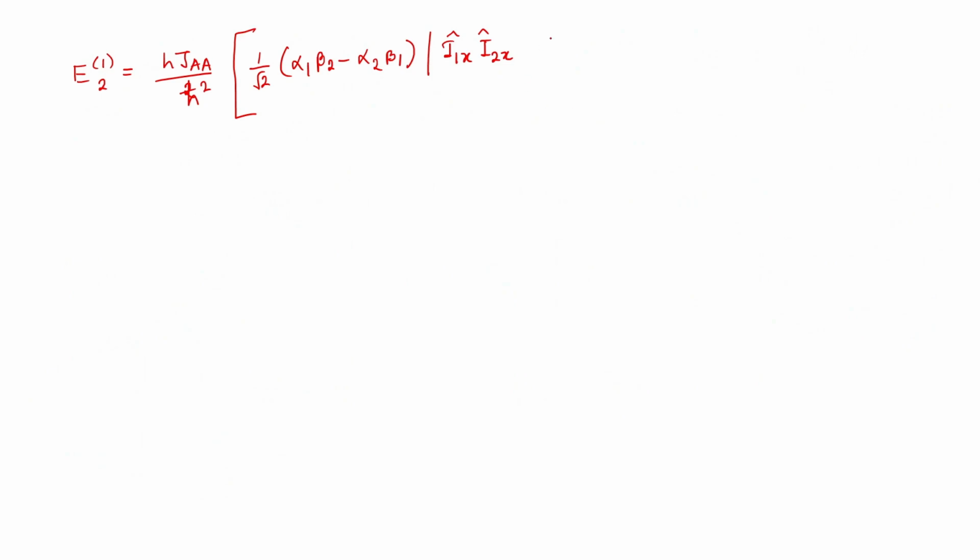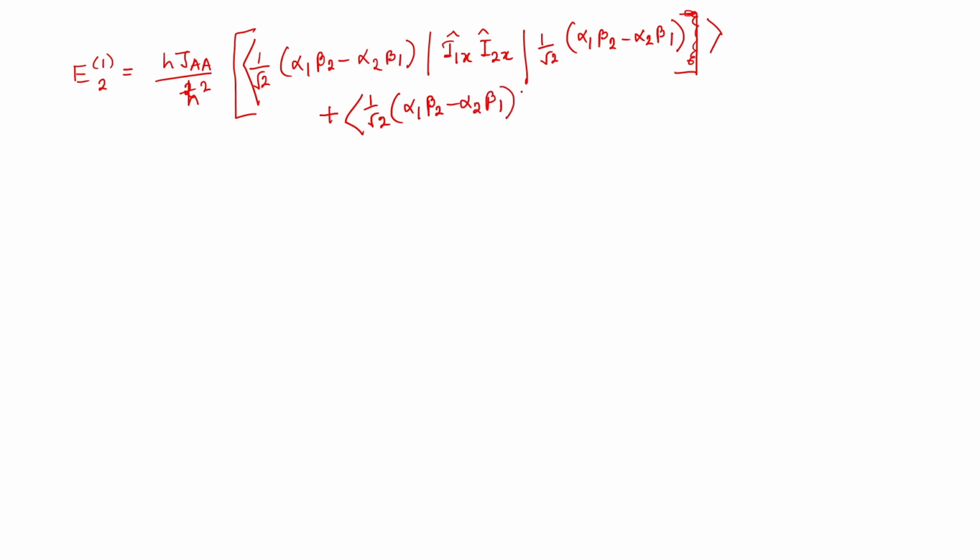Now we do the same thing here. 1 by root 2, alpha 1 beta 2 minus alpha 2 beta 1. Then this is actually not the close, but this is one of the brackets, right? Then we'll have 1 by root 2, alpha 1 beta 2 minus alpha 2 beta 1, I1y I2y, 1 by root 2, alpha 1 beta 2 minus alpha 2 beta 1.